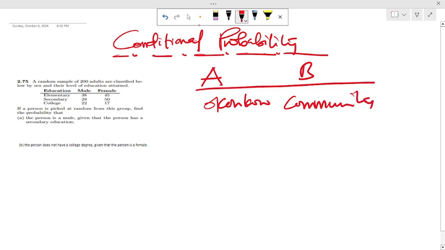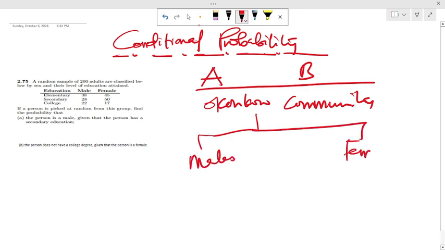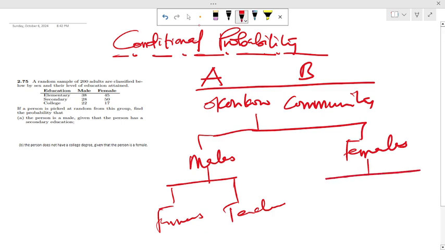And in this Okonkwo community, we have males and females, right? And there are just two occupations. So there are farmers and teachers.